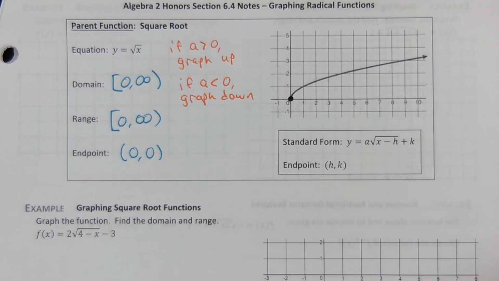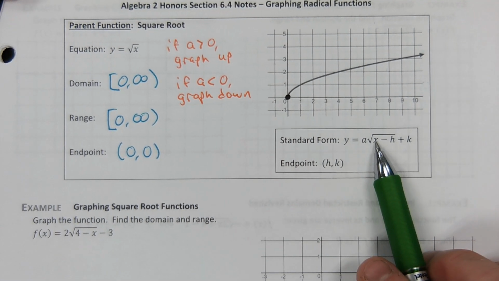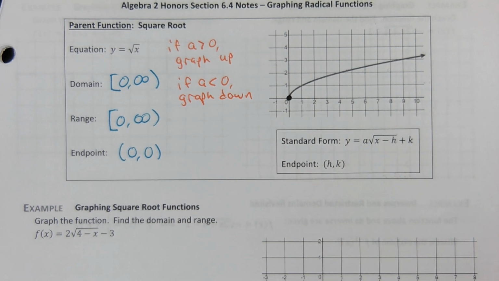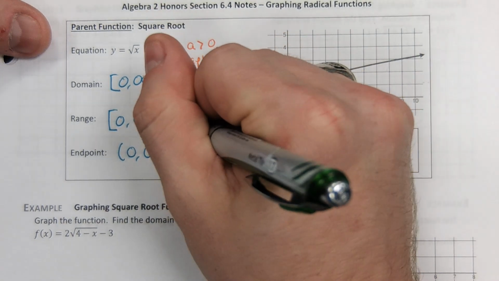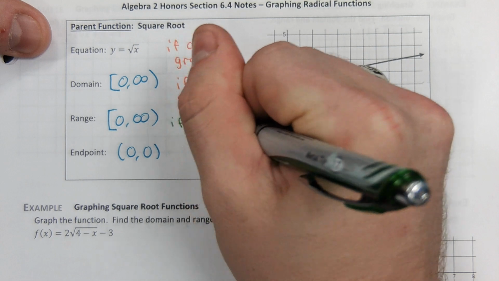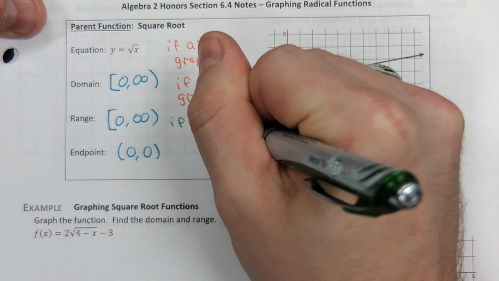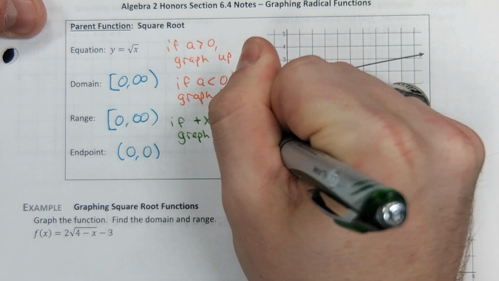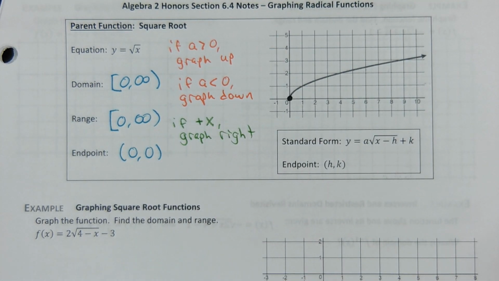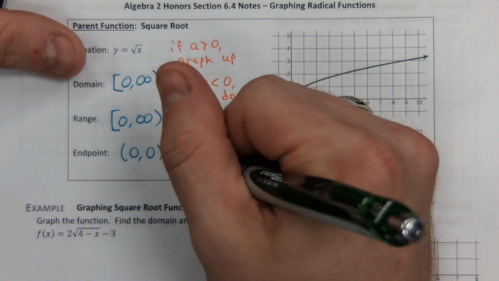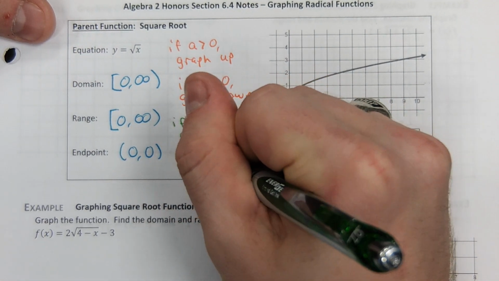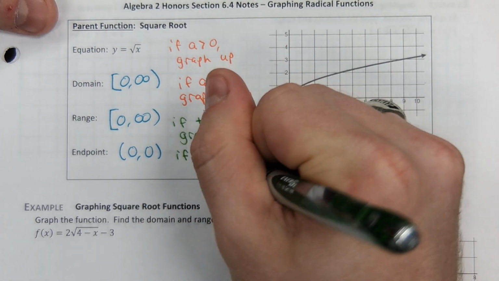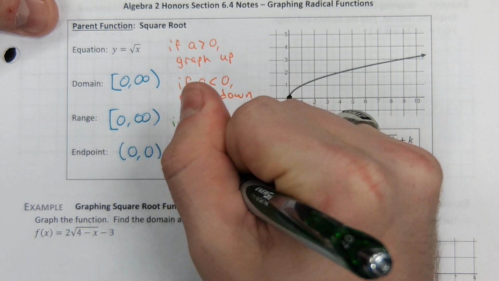So as long as you don't put a negative number in the front of this x, it will go towards the positive x's on the right. So if you see a plus sign or x itself is just positive, then you go to the right. But if you reflect over the y-axis, that means switch the sign on the x. Yep, so if you see a minus x, your graph is going to go to the left.